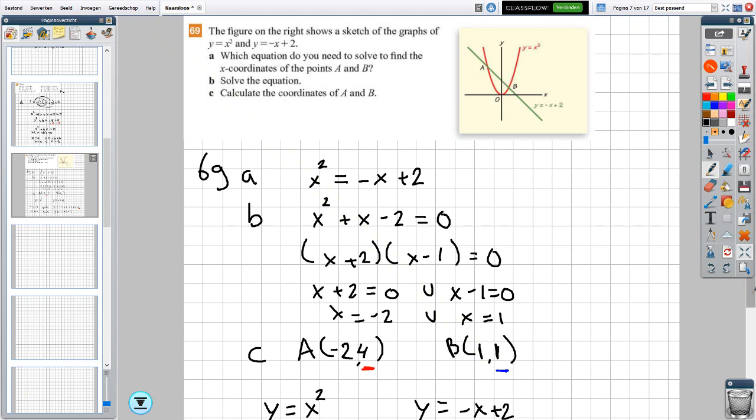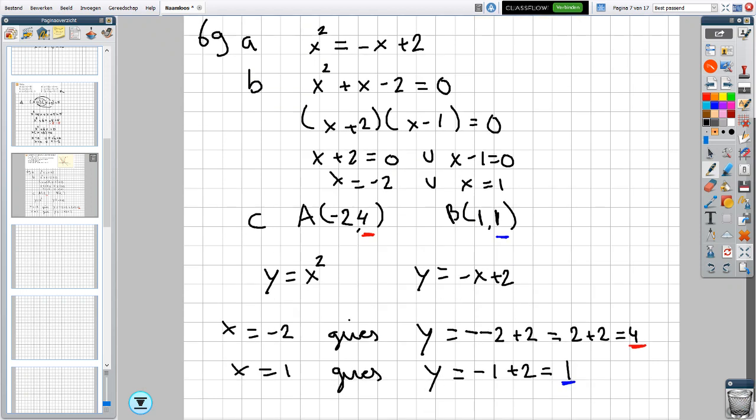Okay? So if you have any graphs that intersect, just say that the functions are equal. You can write it down like an equation, solve it, and you find the x-coordinates, and you find the y-coordinates by filling in the x that you found in either the parabola or the line. Which one? I don't mind, they both give the same answer. Okay? Good luck.